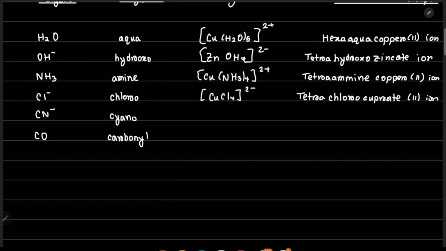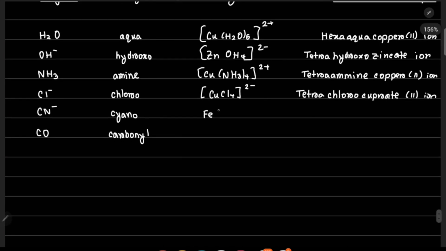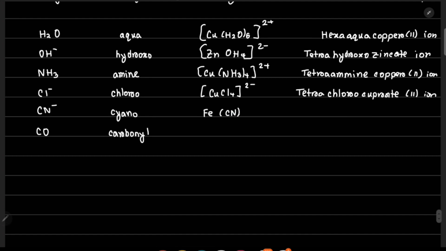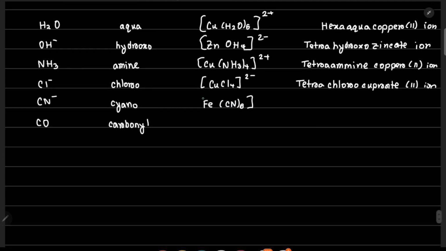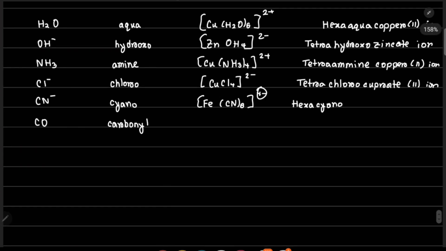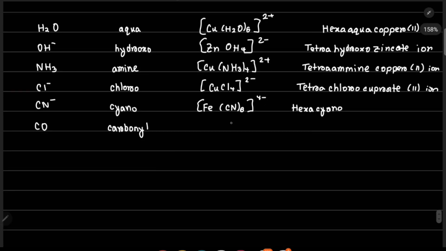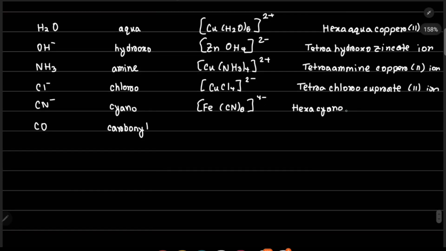For CN minus, we can have iron and then CN6, which is 4 minus. So we have 6 cyano groups, so hexacyano. Now for iron, for the negatively charged complex, the name is not ironate. We use the Latin name, which is ferrate.